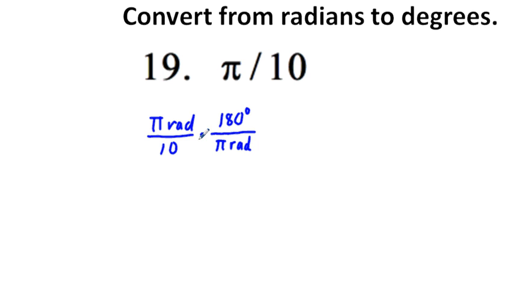And we cancel out pi radians over pi radians. So we get 180 over 10, and the units are going to be degrees, which simplifies to 18 degrees. So that's going to be our answer to problem number 19.